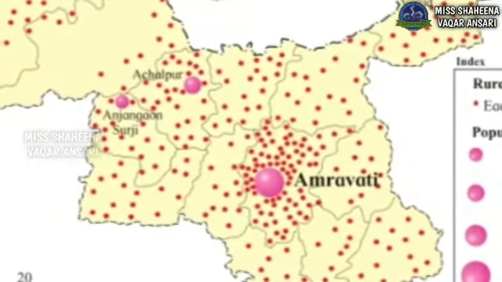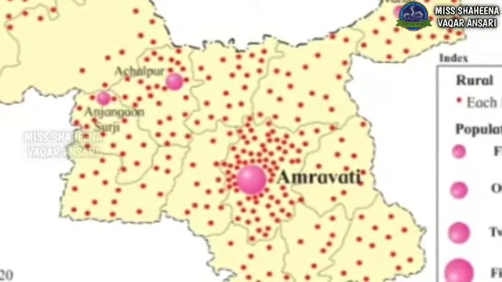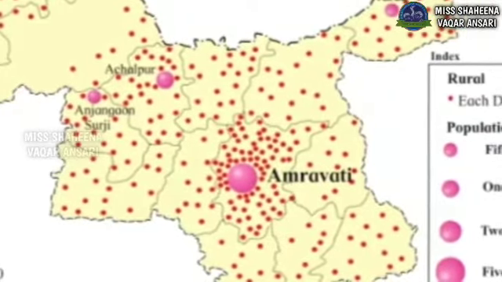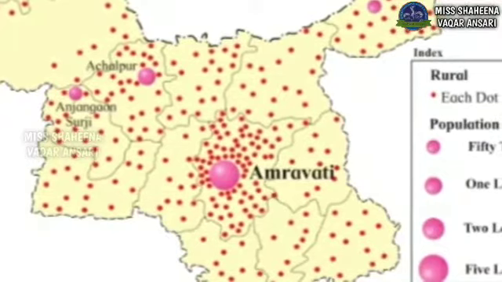Okay, children? So, we are done with the three classifications of distributional maps. Let us revise it once again. As you can see, the distribution of population of Amravati district is the dot map that we see.